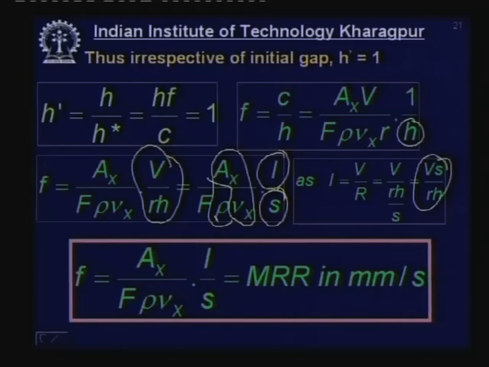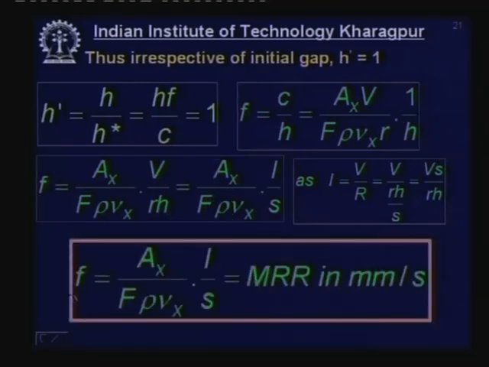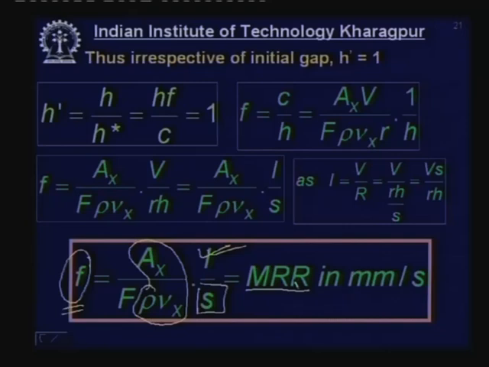So, how much feed has to be set on the machine depends on the current which you are setting, on the area of the electrode which you can measure, and on the density, valency, and atomic weight of the material you are machining. So, this is also known. So, you can get a particular value of F, and this is basically the rate at which material is removed at the workpiece surface, typically expressed in millimeter per second.